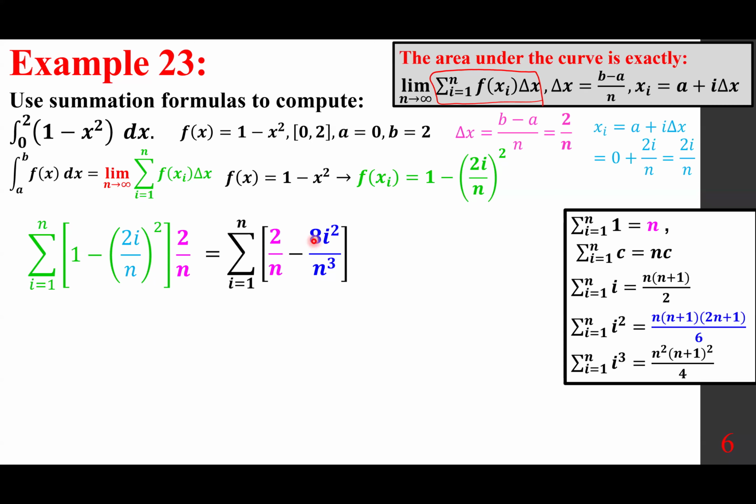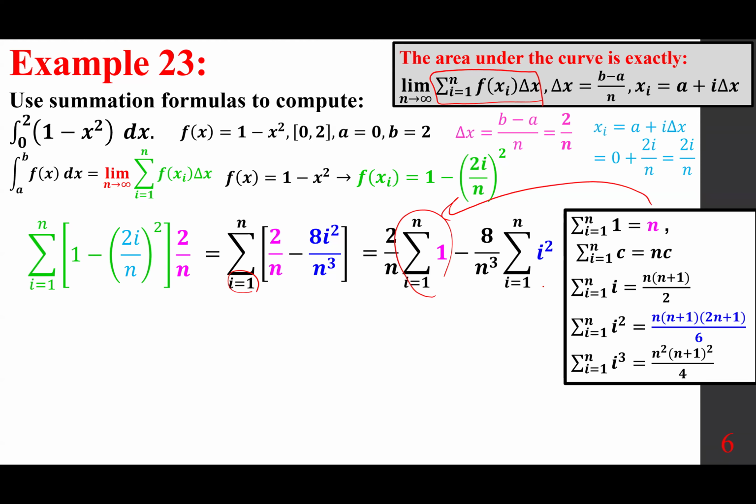And this one, I'm going to take minus 8 over n cubed out, but I have to keep the i squared in. So anything involving i, because this is i, everybody, anything involving i remains. So now all you have to do, replace this one with n, replace this one with this. That's it.